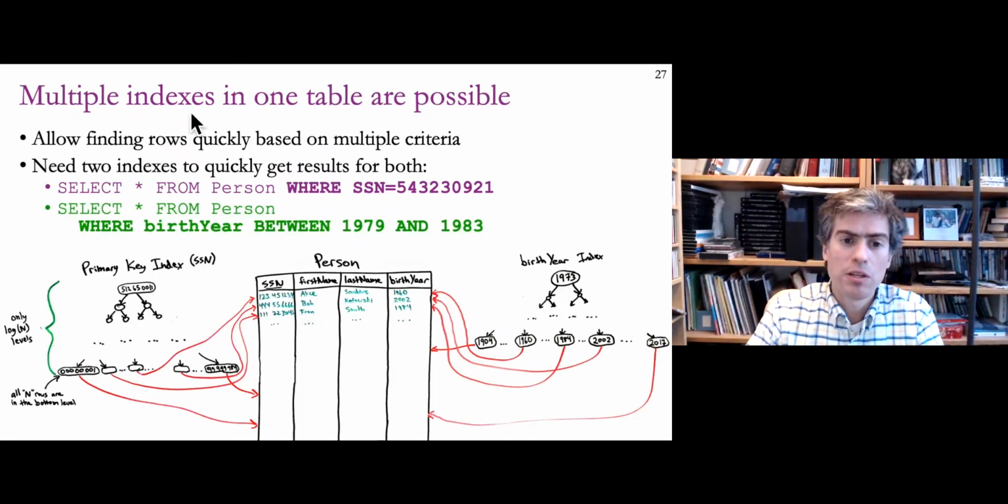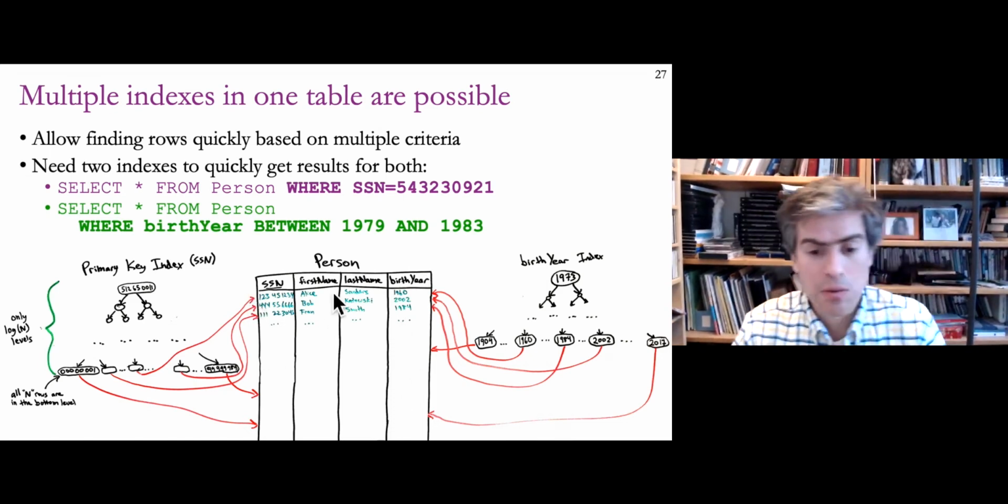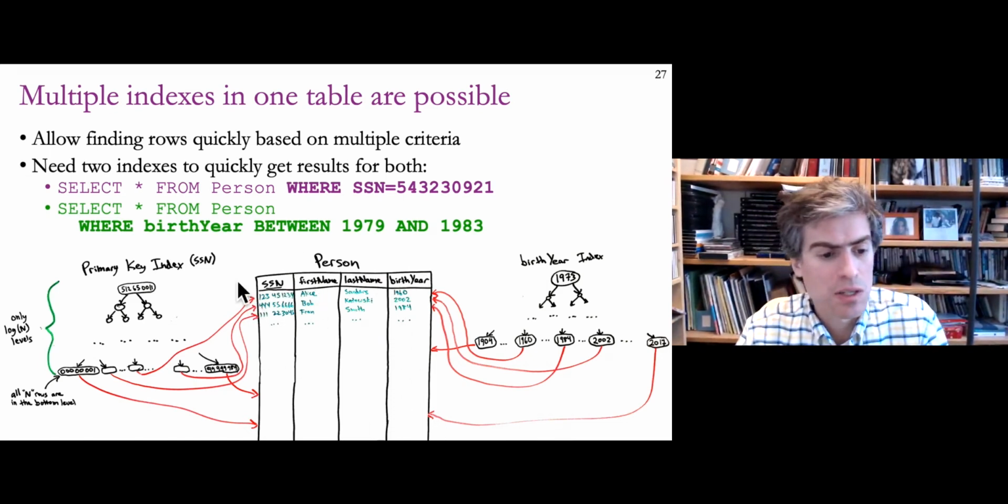So you can have multiple indexes in one table, and taking the same example of people, all it does is create another one of these self-balancing binary trees that uses the values from a different column in the table. So in this example, we have a person table that has 4 columns and 2 indexes. It's indexed based on the social security number and also the birth year.